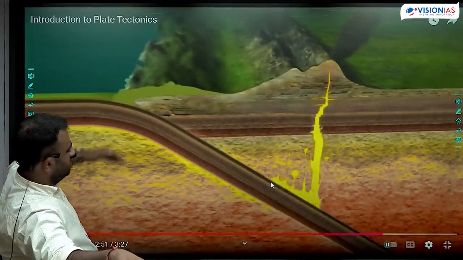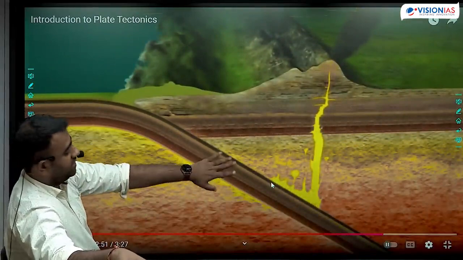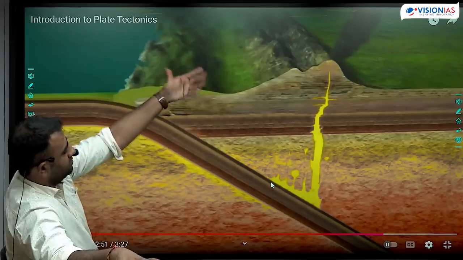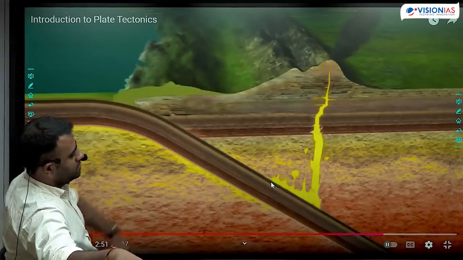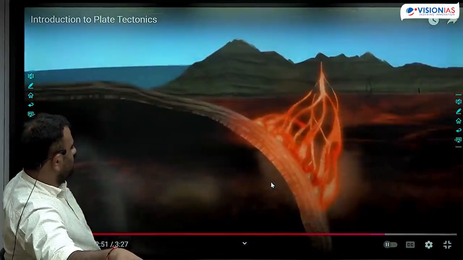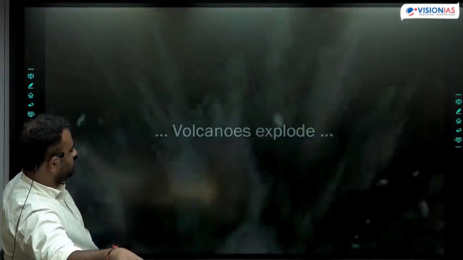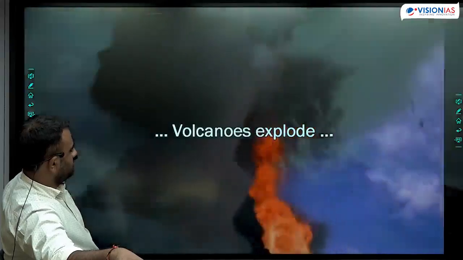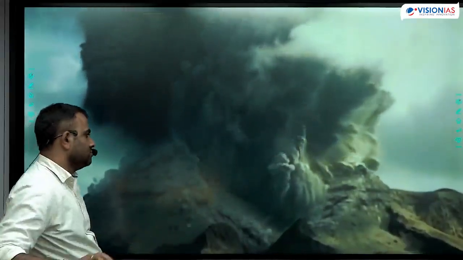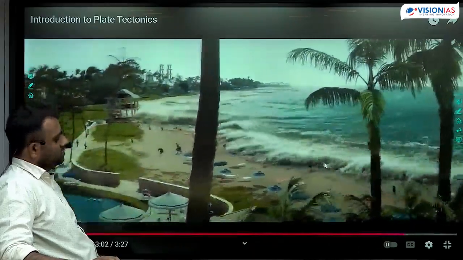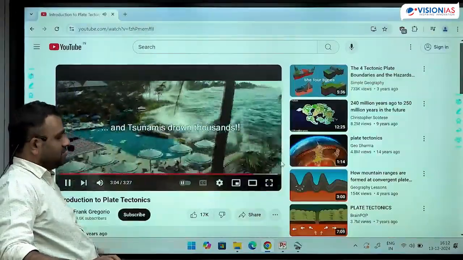Can you see the subducting plate? How it is generating magma, it is coming up, forming the fold mountains, volcanoes are there. This tsunami. Tsunami is the result of earthquake.